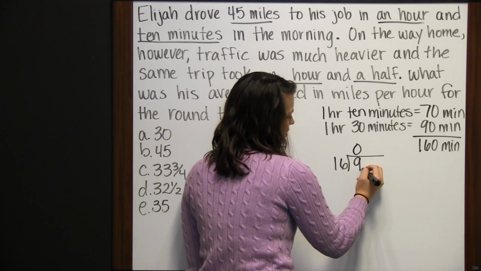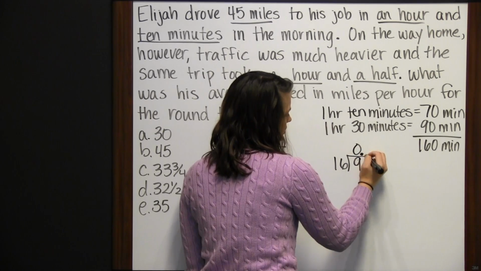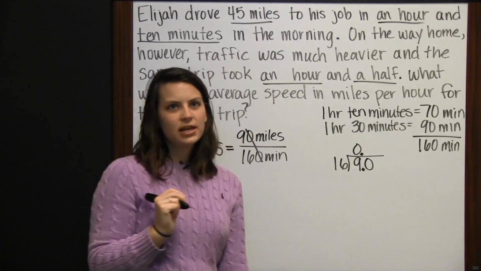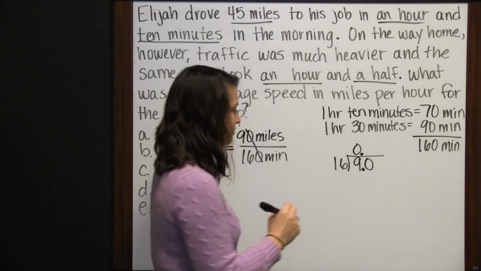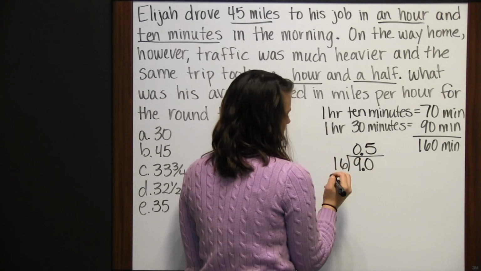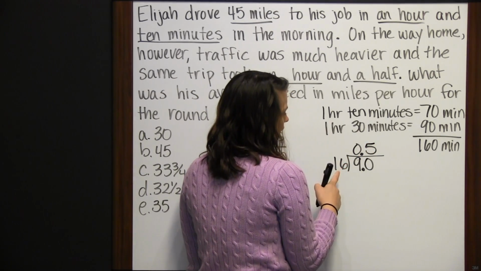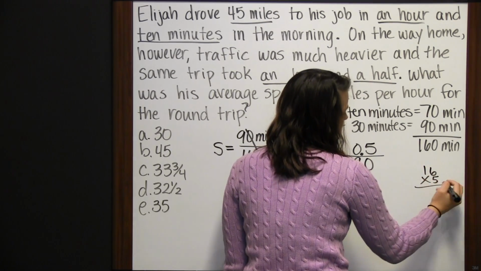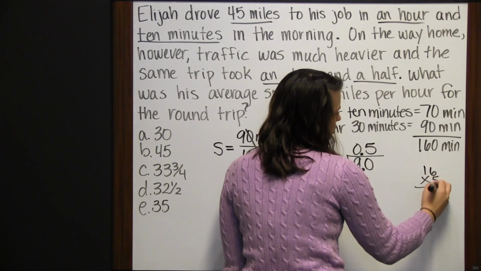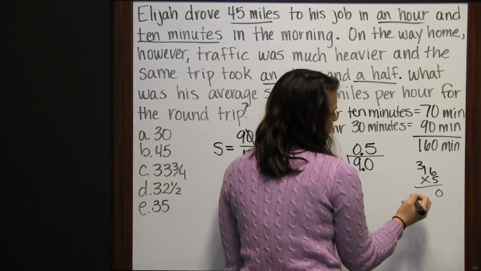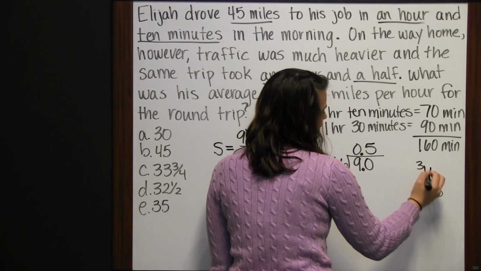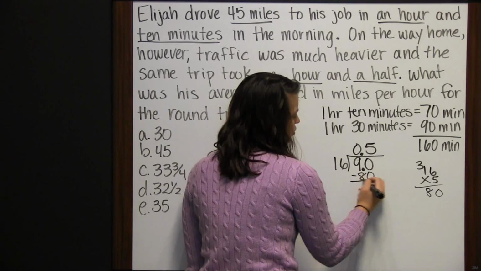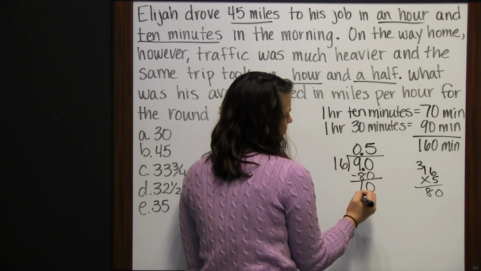That's 0, which means I'm going to need to add a decimal and a 0. 16 goes into 90 5 times. So 16 times 5: 5 times 6 is 30, carry the 3, 5 times 1 is 5 plus 3 is 8. So that's 80. We subtract and we get 10.